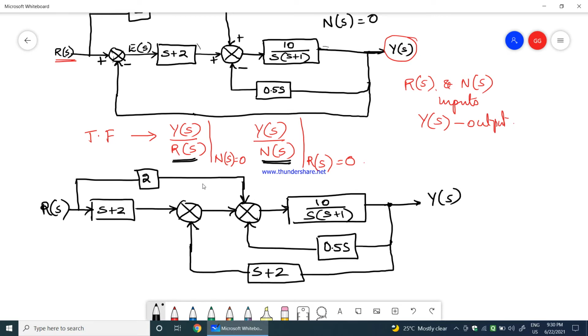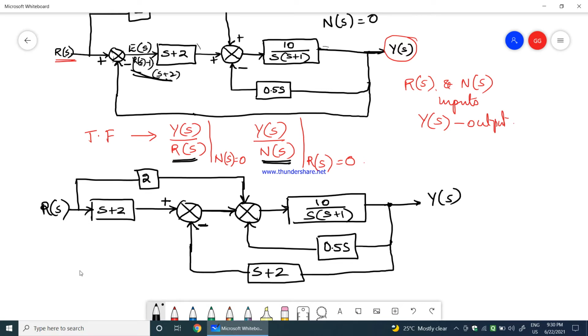Even R of S used to get multiplied by S plus 2. So this was R of S minus 1 into S plus 2, which is R of S into S plus 2 minus 1 into S plus 2. So the same thing we get here also. The output here is R of S into S plus 2 minus S plus 2 into 1, which remains the same.